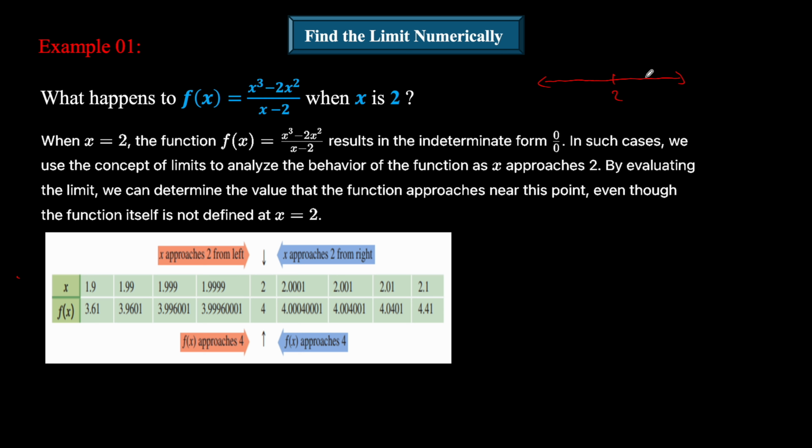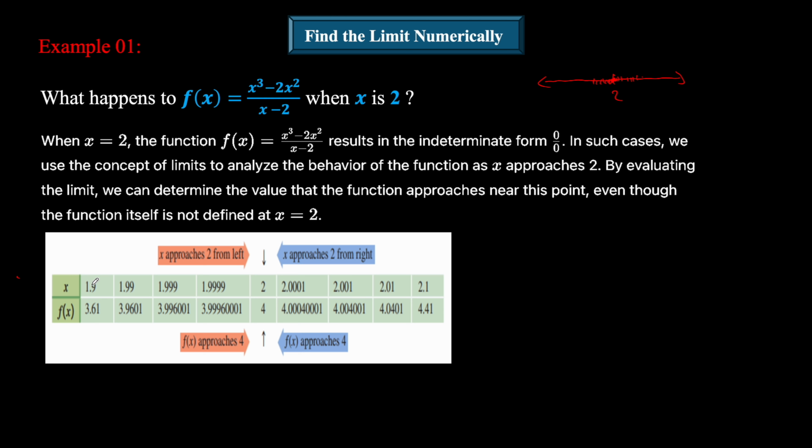So we are approaching from the right side, but we never touch the number 2, and we are approaching the number 2 also from the left side, but we never touch the number 2, okay? So we are doing the same here, and as x approaches the number 2 from the left and right side, f of x also is getting a value.